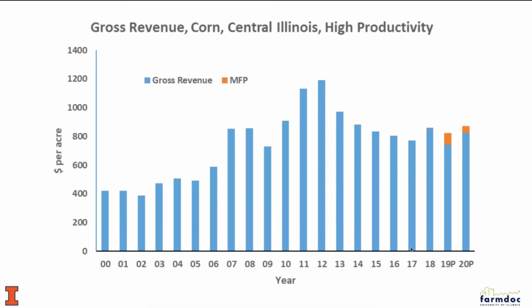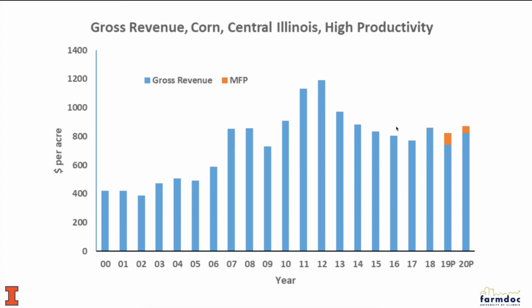We're coming in with a lower projection for 2019, primarily based on lower yields, and then we move up a bit for 2020. So overall for corn, roughly the same levels as last year, but a significant portion of that is because of the MFP payment, which was $1 last year for corn and is closer to $87 this year.